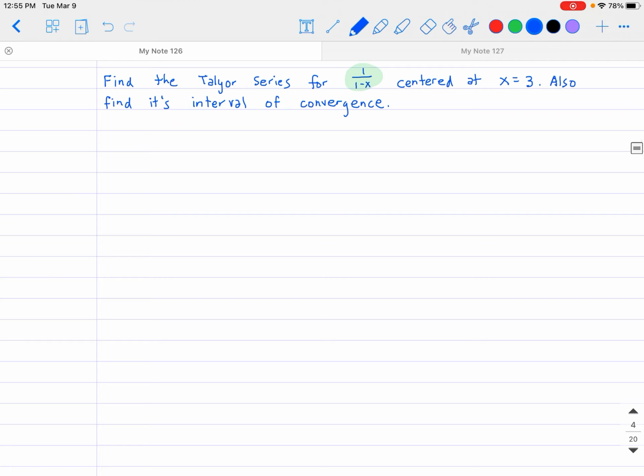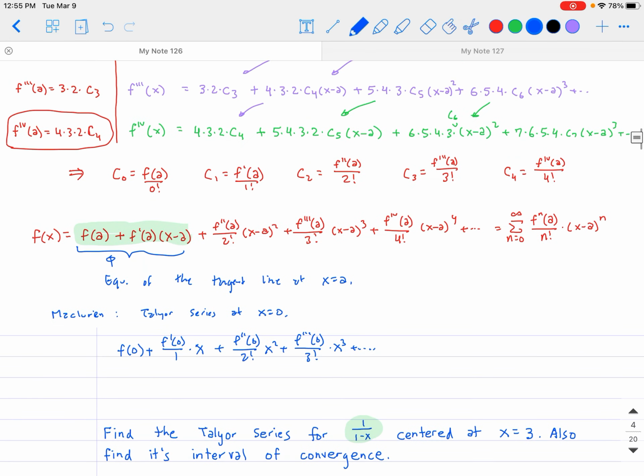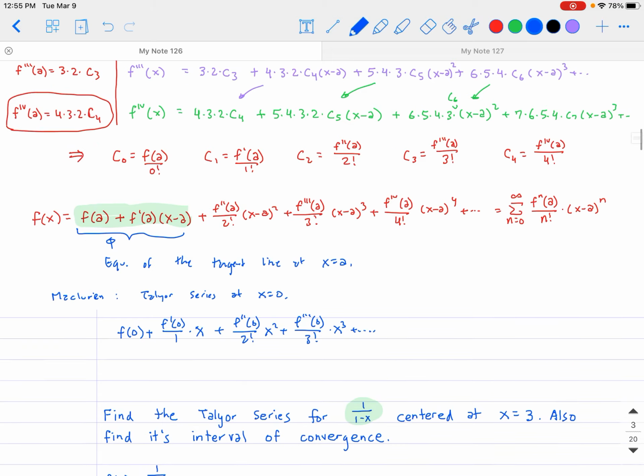First, I'm going to write it according to what we just did. So we have f of x equals 1 over 1 minus x. Now, according to the Taylor series that we derived, you have to solve for the derivative multiple times at the point that is your center, and then plug it into the Taylor series.